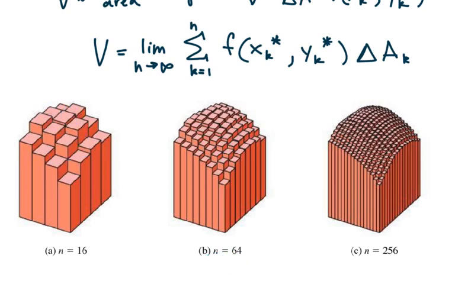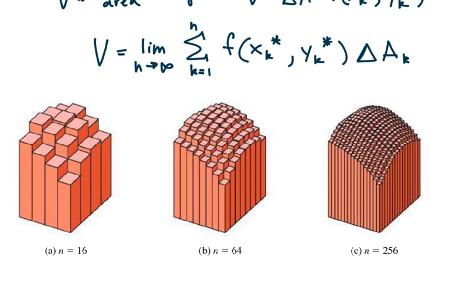But notice as n becomes larger, we start to get a better approximation of what that surface is. And if we look at n equals 256, you can see how this would give us an even closer approximation. So creating an infinite quantity of these rectangles, they're all going to have a very small base area, and that's how we can find that value for the integral.